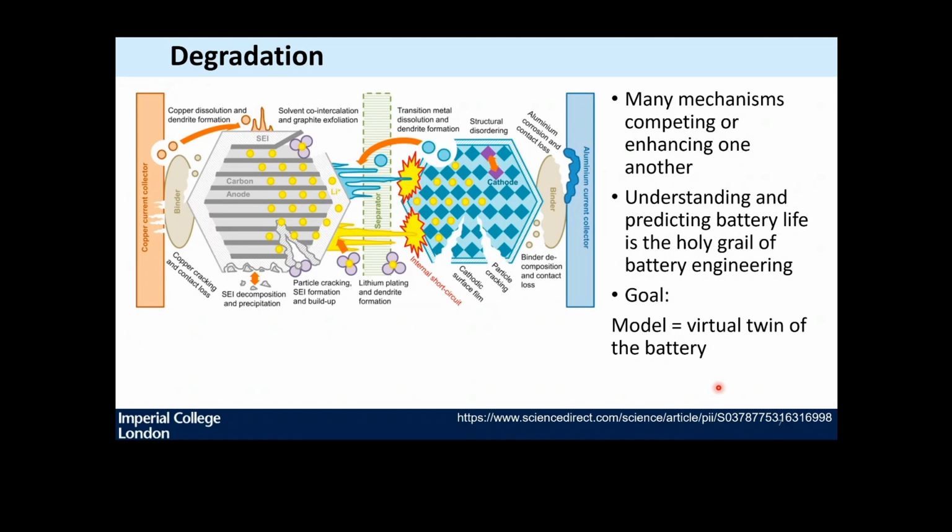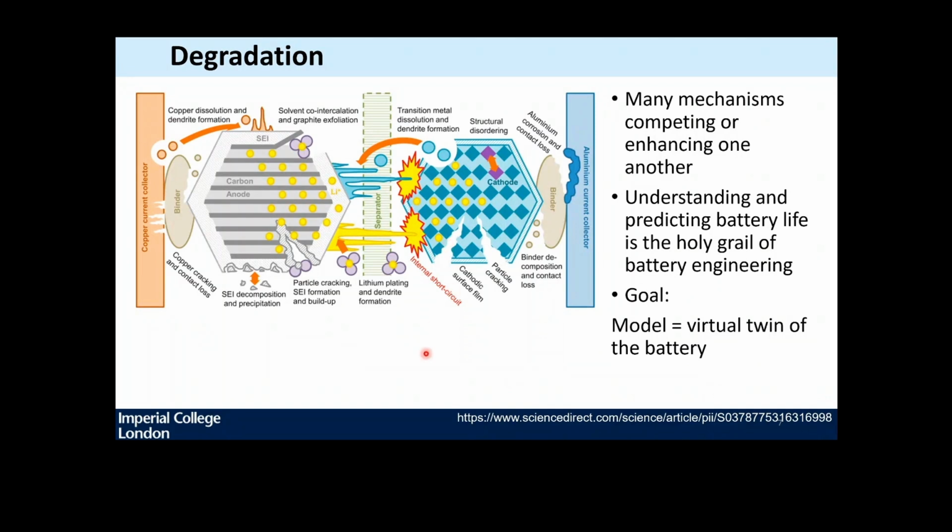Because you can think of a battery in a car, we'll see lots of different operation modes, right? Sometimes you charge it cold, sometimes you charge it fast, sometimes you charge it hot, sometimes you accelerate really quickly. So there's a variety of operational conditions, and each one of them triggers different mechanisms.